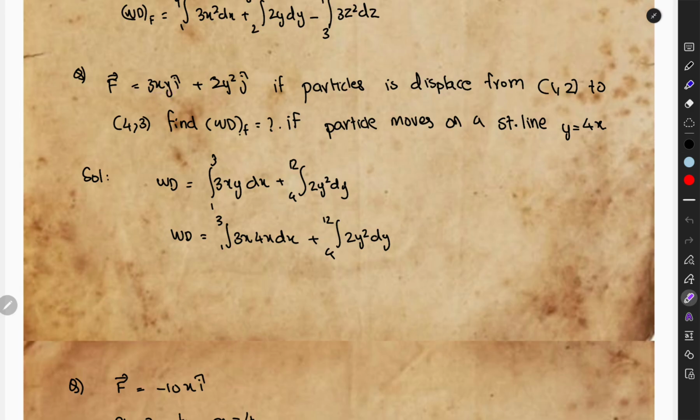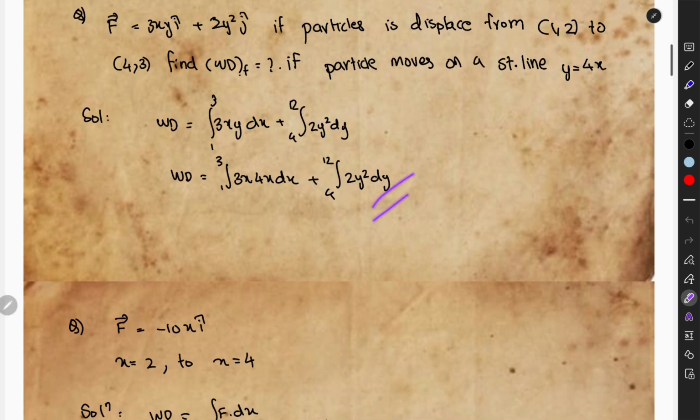In that case we need additional information, something like this. Just substitute the value of y in place of y and simply integrate 12x square dx, and you will probably get the answer.